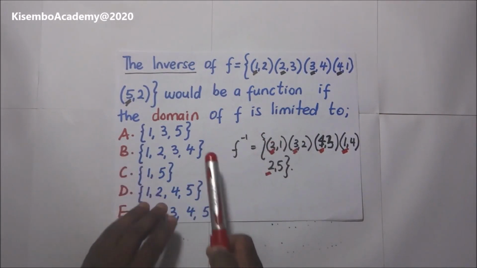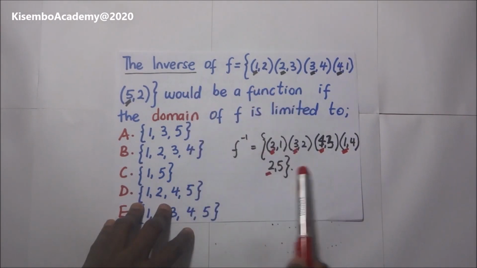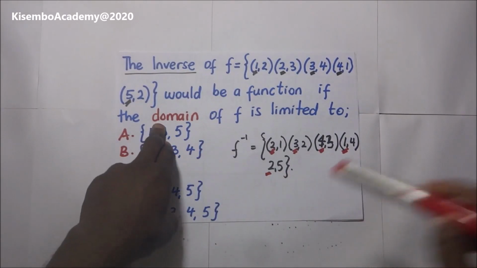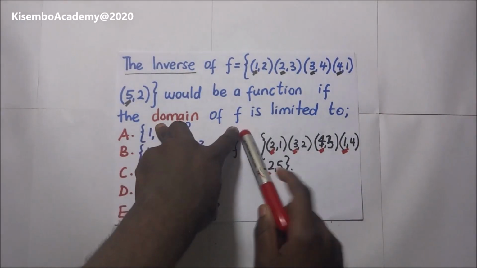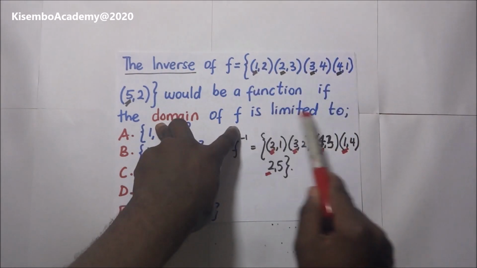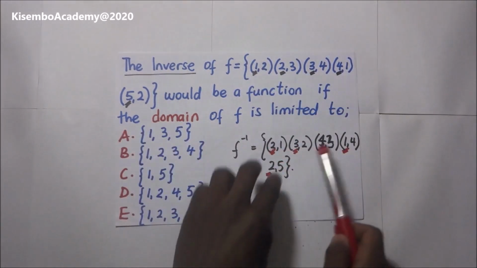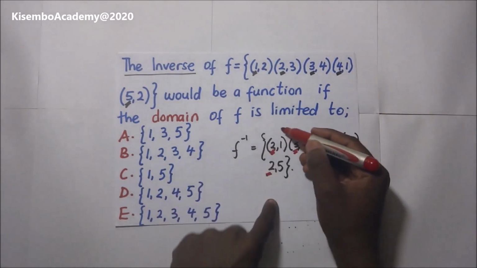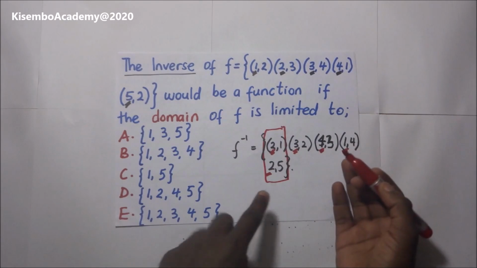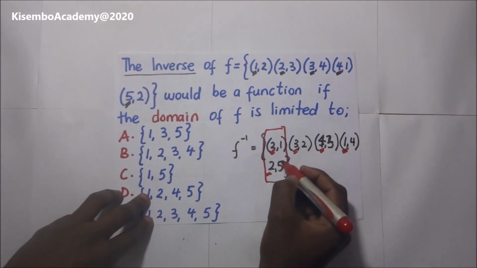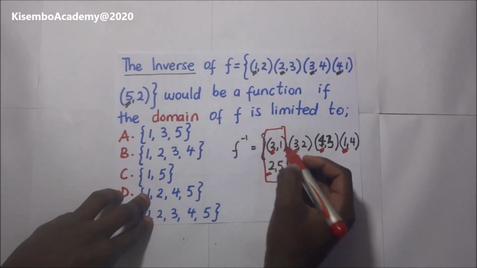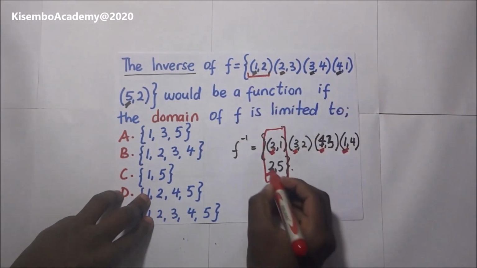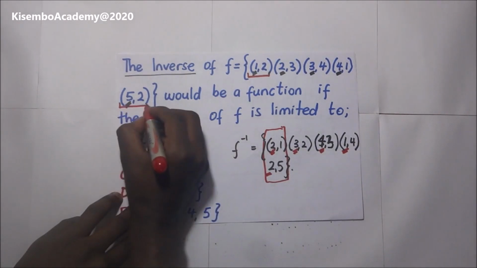So the question is that this inverse would be a function if the domain, that means the values of x of f, are limited to this. If this is to be a function, then of the two pairs with the same input, one of them has to be eliminated. So we are either going to eliminate this or that. 2 comma 1 corresponds to this, and 2 comma 5 corresponds to that.